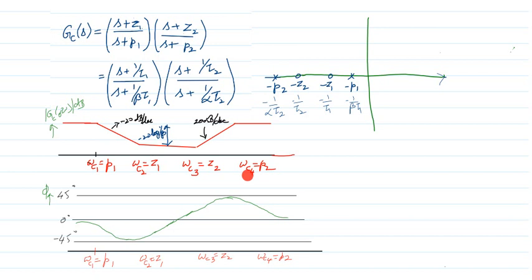After omega P2, this denominator will function, so the net result is 0 dB. So this is the magnitude response of a lag lead compensator. Then what about the phase? Initially it is lag, coming in negative, then for the lead network it goes positive, then settles at 0, but it never crosses 45 degrees. Keep in mind, right? So this is the magnitude and phase response of a lag lead compensator.